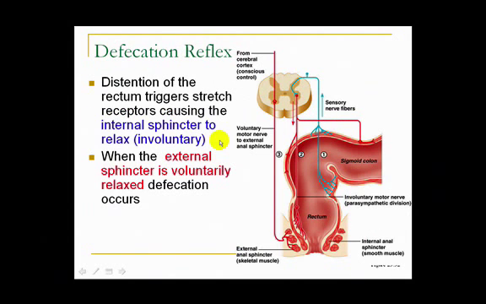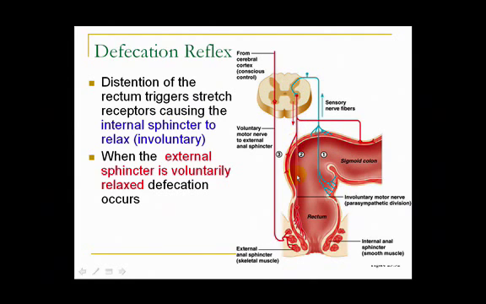And that will trigger a reflex. So when the food moves into the rectum, there are stretch receptors in the wall of the rectum, and it triggers what we call the defecation reflex to eliminate the food from the body. The rectum stretches from the mass movement, and that gets detected by a sensory neuron that travels to the central nervous system, and then it's a parasympathetic reflex, an autonomic reflex.